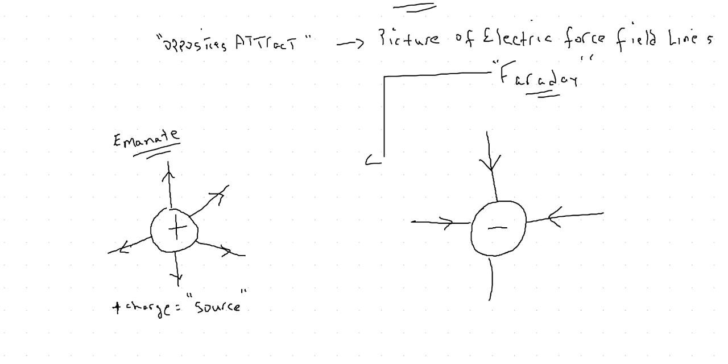So instead of a source, we would say the negative charge is a sink, like water runs down a sink. So this would be a sink for the electric field, and this would be any negative charge.